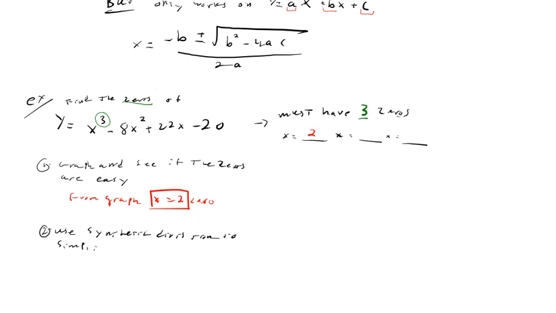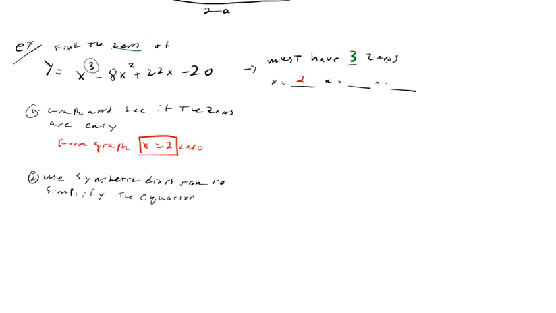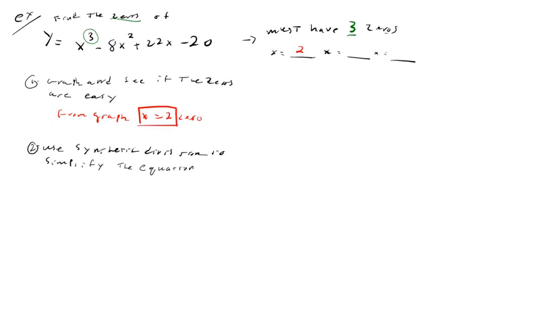So synthetic division, let's do a little review of synthetic division. I have my little box, line down here. The way synthetic division works is I take all the number parts here: my 1, the -8, the 22, and the -20.